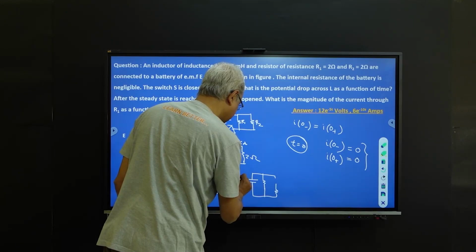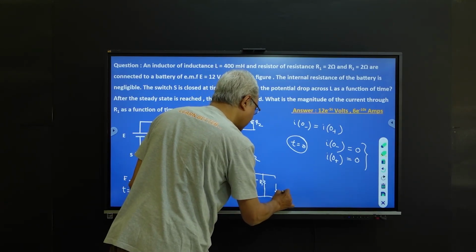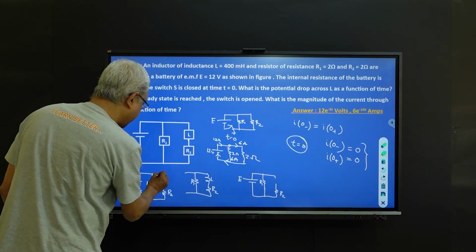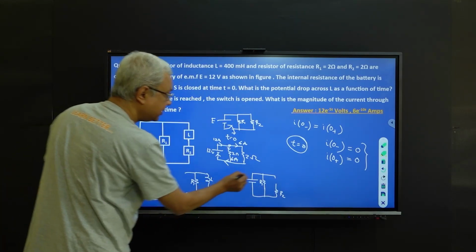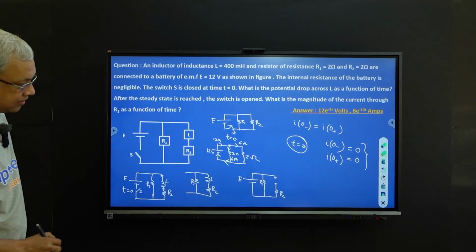This is E, this is R1, this is R2. And these are the two ends of the inductor, and it is behaving like an open circuit.